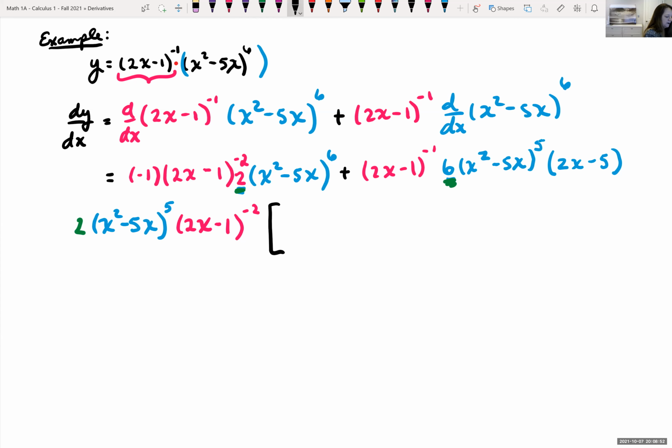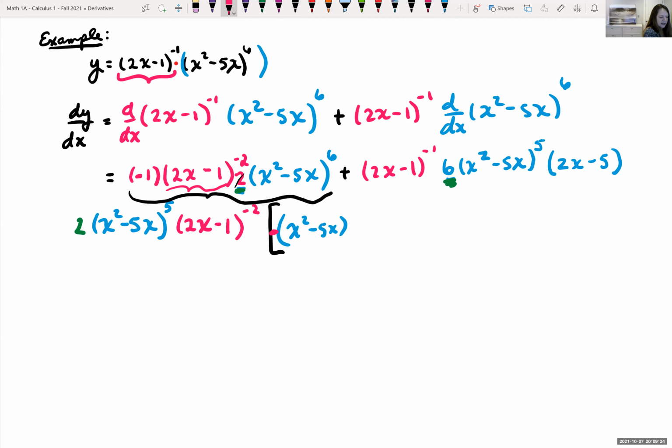Okay, let's see what we have left when we pulled out a 2. So that goes away. We pulled out 5 of the x squared minus 5x to the 6th, so we're left with one of them, an x squared minus 5x. We have this negative out front, and then we pulled out all of the 2x minus 1 to the -2 power.